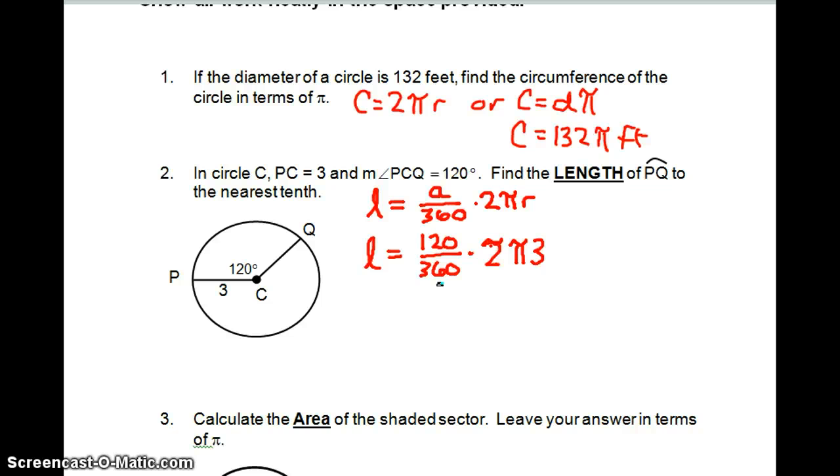And we're finding it to nearest tenth, so we do put pi in the calculator this time. And the answer is 6.28. The nearest tenth would be 6.3, so length equals 6.3 and no units. So that's our answer.